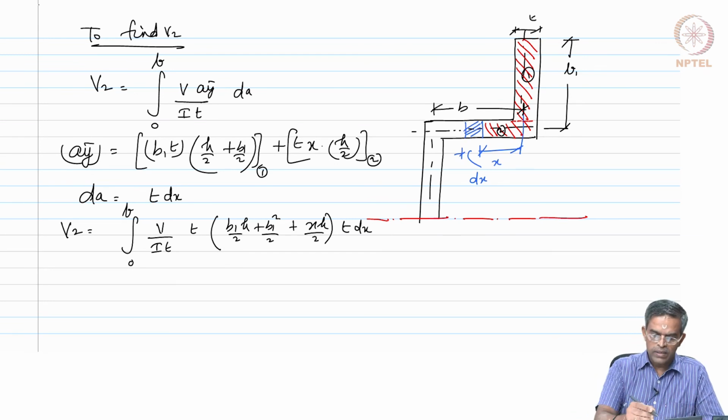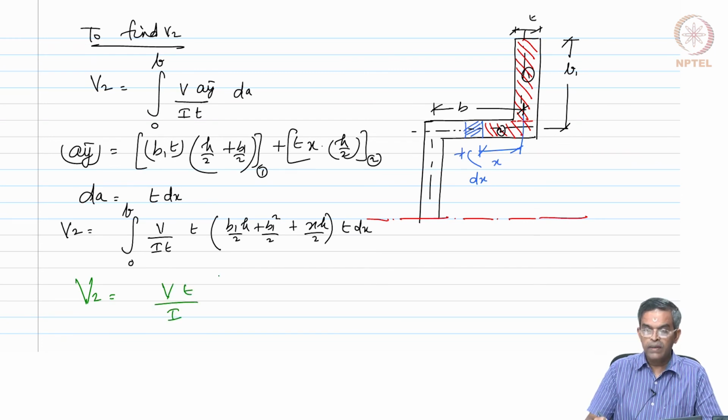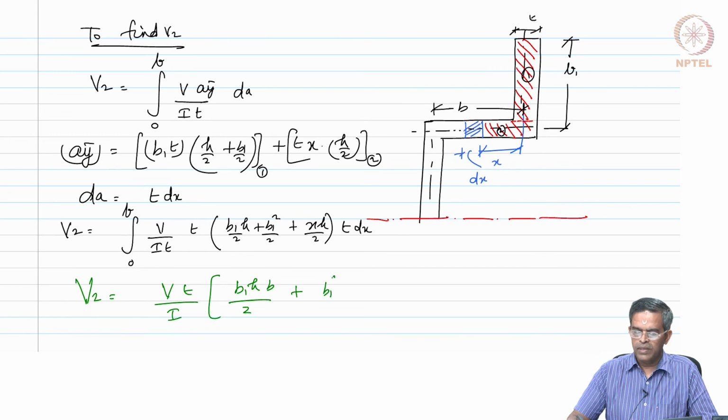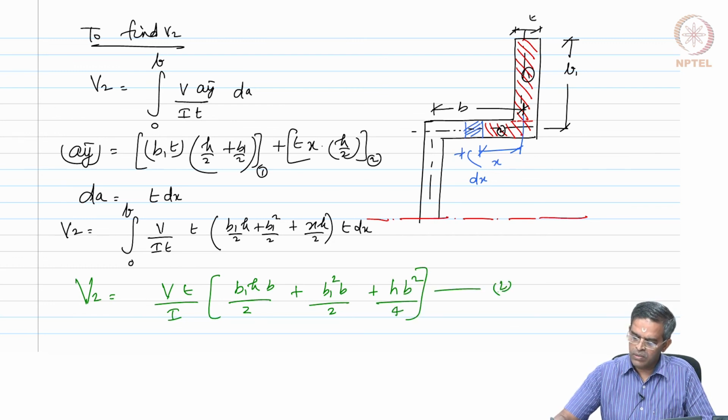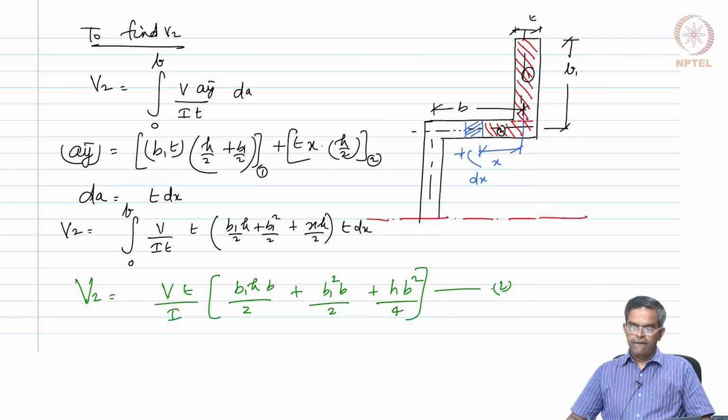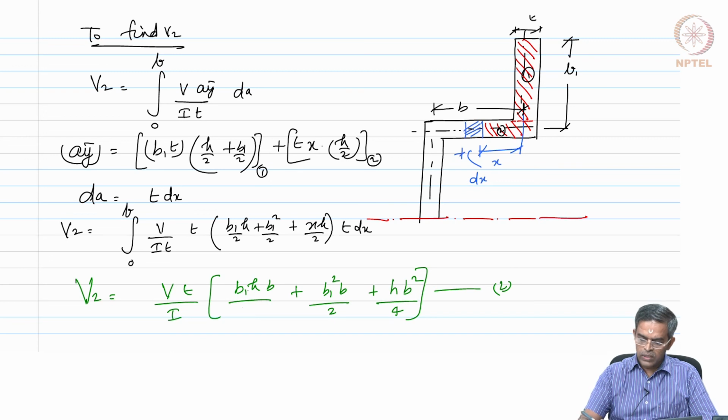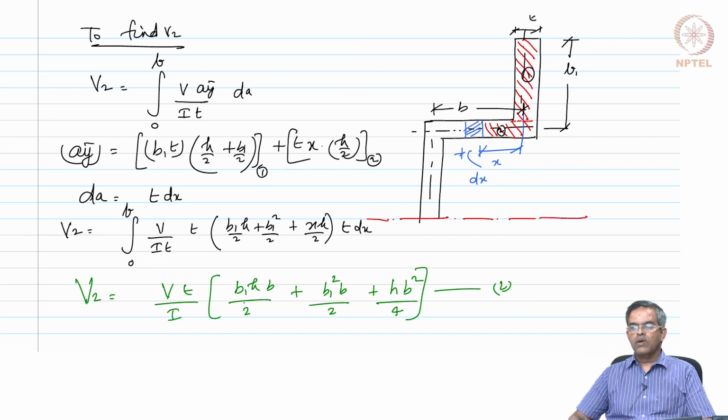Substitute, simplify, I get V2 as V t by I, B1 H B by 2 plus B1 square B by 2 plus H B square by 4. We will call this equation number 2. V t by I, B1 H B by 2, this is 2, this is not Z. B1 square B by 2 plus H B square by 4.